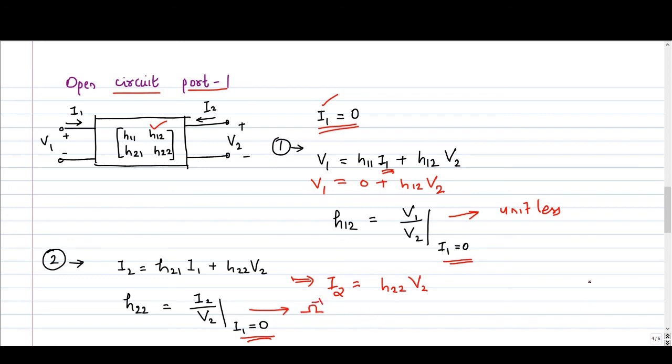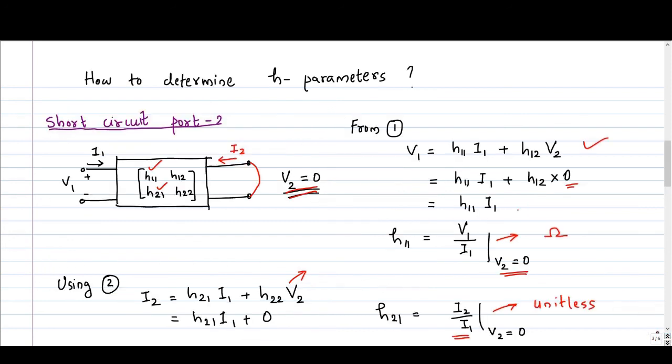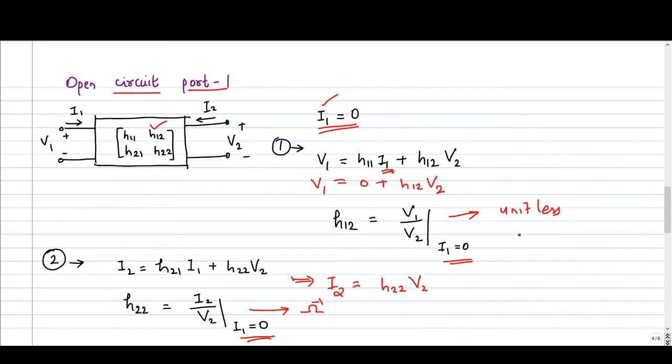If you look at the dimensions of the different parameters, you can see H11 has dimensions of ohm, H21 is dimensionless, H12 is dimensionless, H22 has dimensions of ohm inverse. So it is a hybrid collection of parameters.